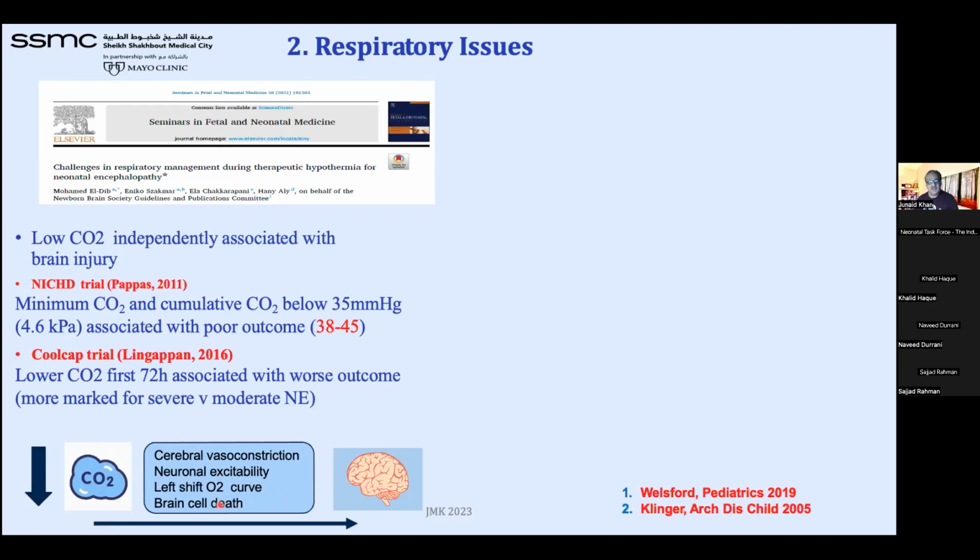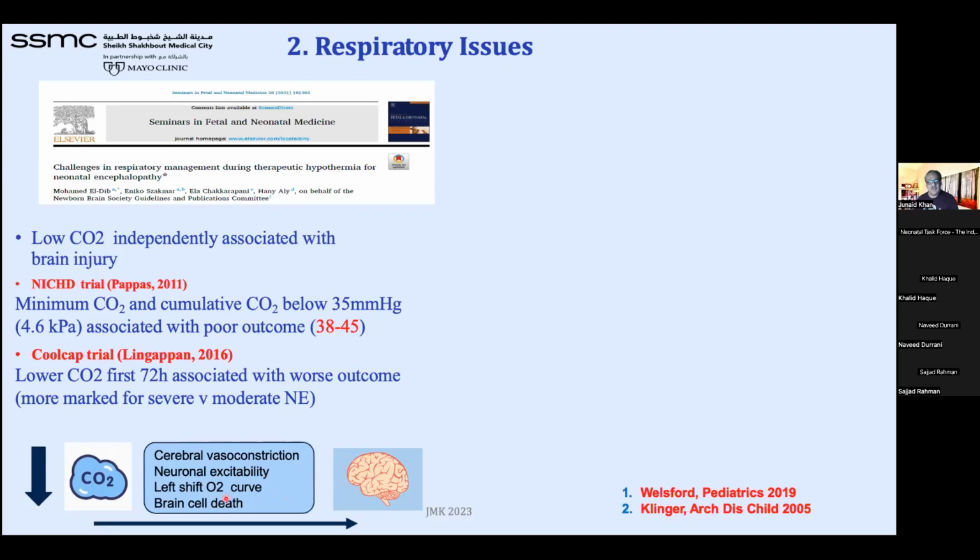So we have to maintain it. This is an article written by Muhammad Aldeeb, who was also one of our speakers in our conference.